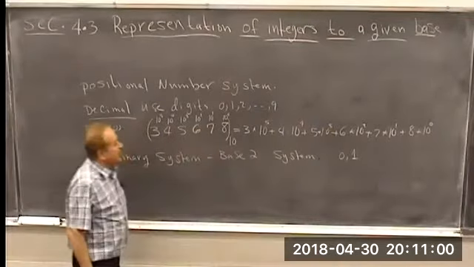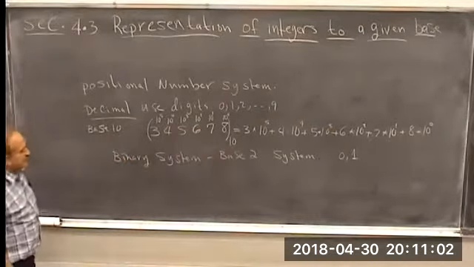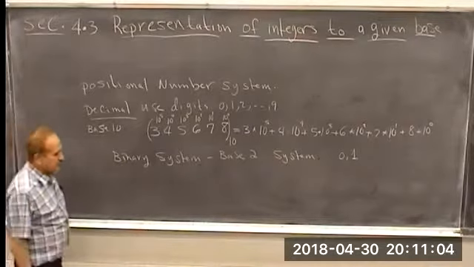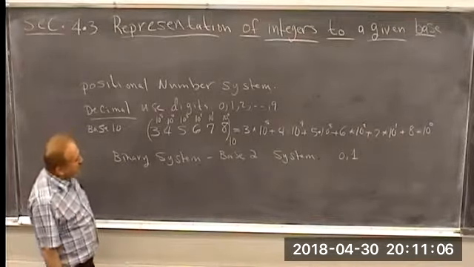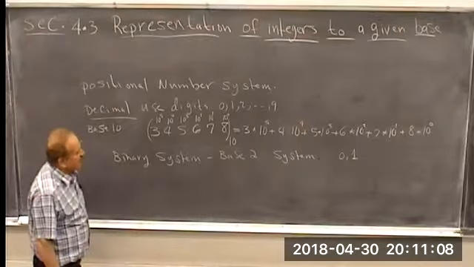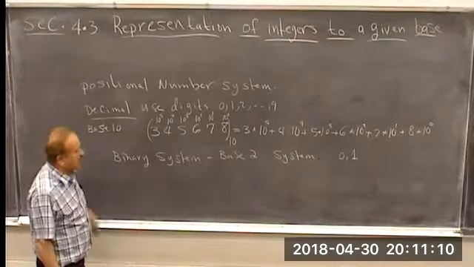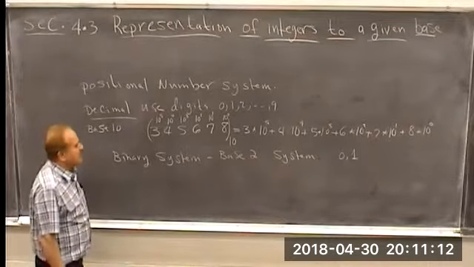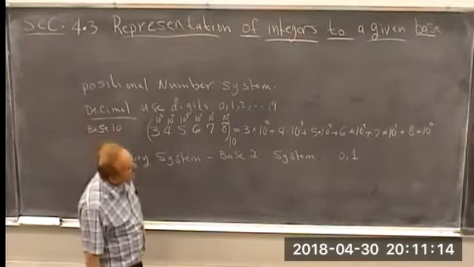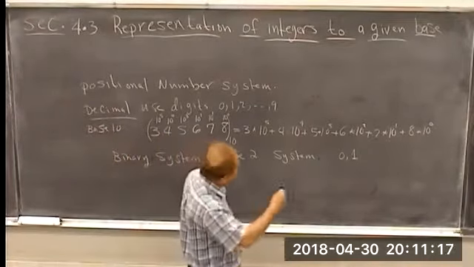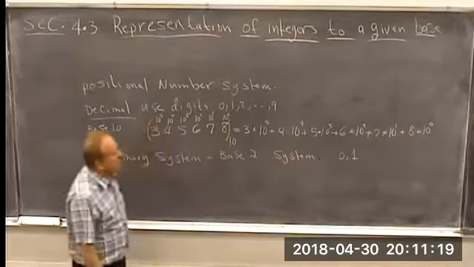And we're going to show today that any integer can be represented using any base, which is a given number b bigger than 1, by using digits from 0, 1, 2, and so on up to b minus 1.